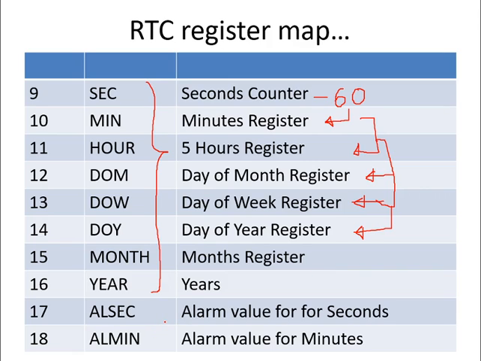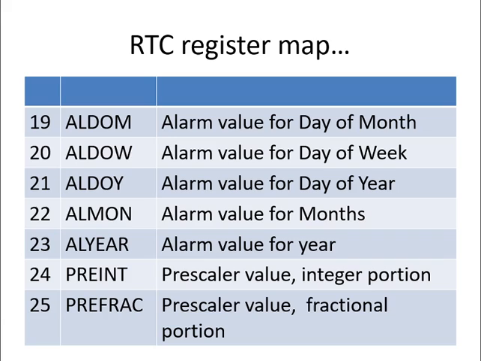It is followed by the registers which are used for alarm. Alarm value in seconds, alarm value in minutes, alarm value for day of month, day of week, day of year. So all the same things which we are using for normal current time, we have available for the alarm also.